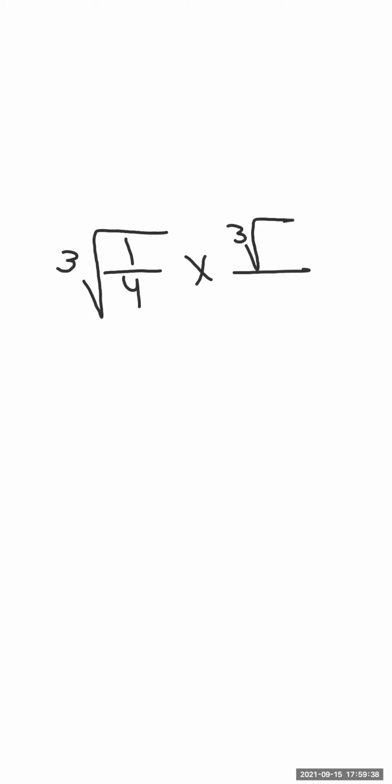If it's a cubic root of 1 over 4, in this case I have to multiply this number by cubic root of over cubic root of. What will be the number? 4 squared, so 16.